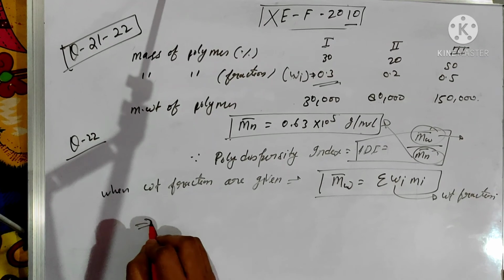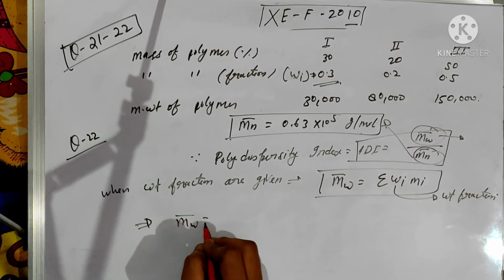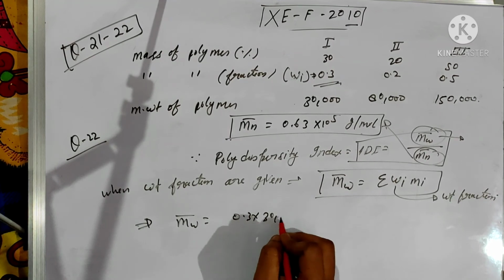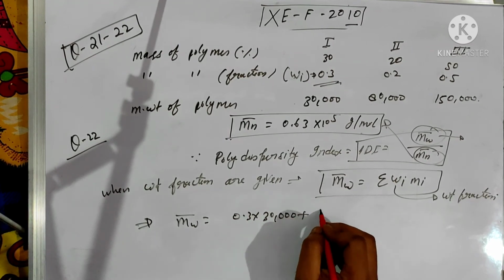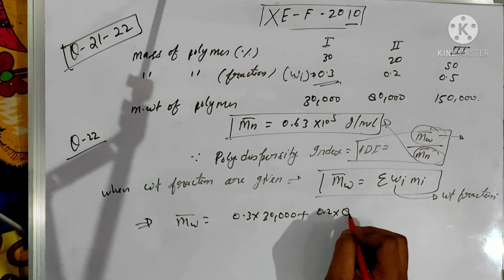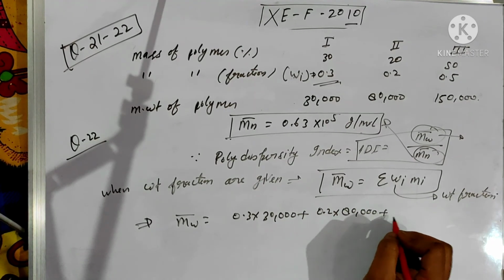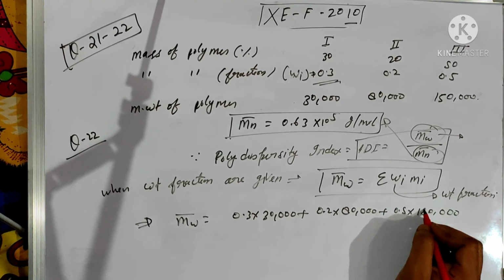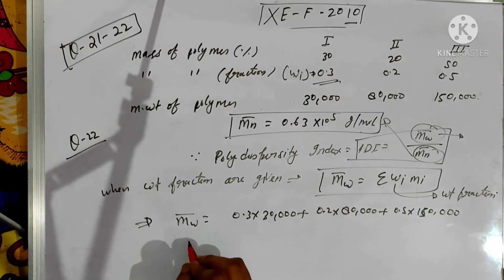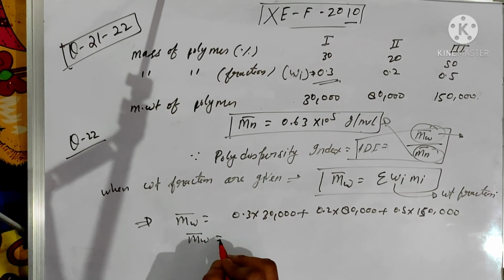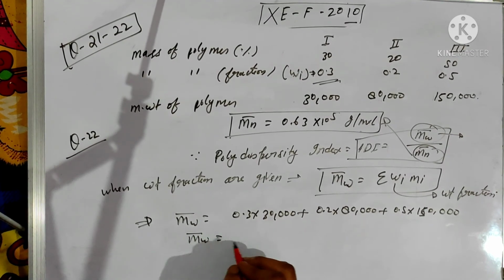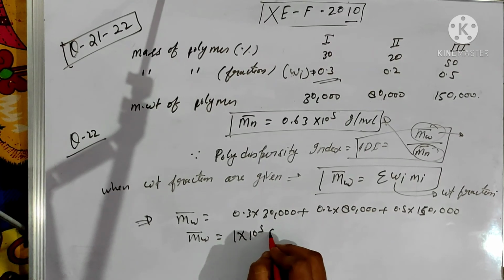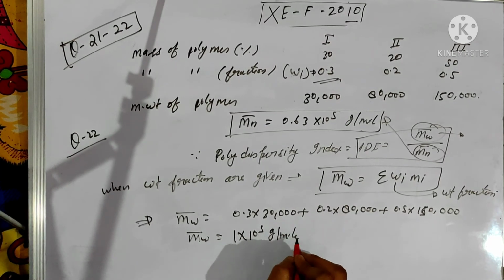Now the weight average molecular weight is equal to 0.3 into 30,000 plus 0.2 into 80,000 plus 0.5 into 150,000. After calculating, you get the weight average molecular weight is equal to 1 into 10 power 5 gram per mole.